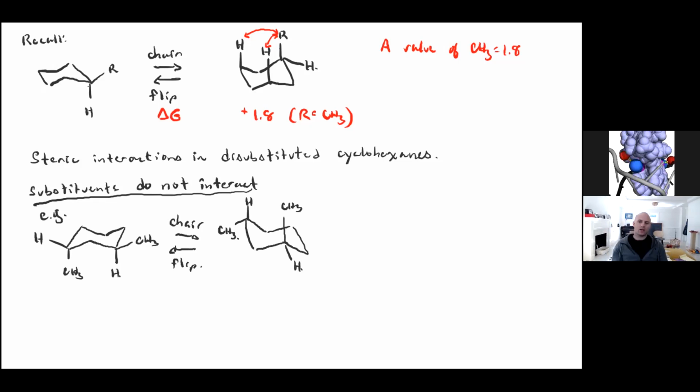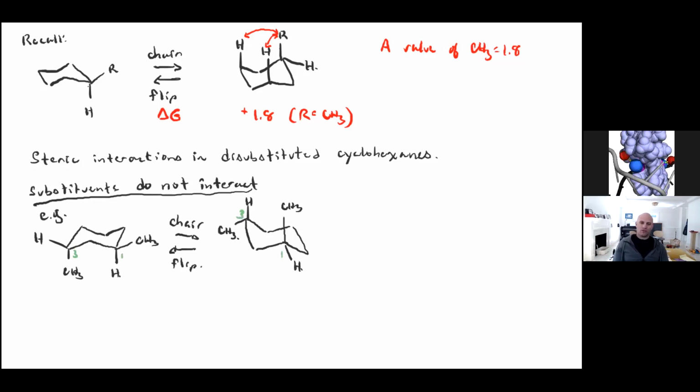Okay, and it may be helpful to number carbons so that you can follow what's happening. So call that C1, call that C3, and there's 1 and there's 3, okay? And so the question is, what, if any, free energy difference exists between these two conformers? And you may be able to say right off the bat, well, they both have one axial methyl group, so they should be equal in energy, and that's the correct answer.